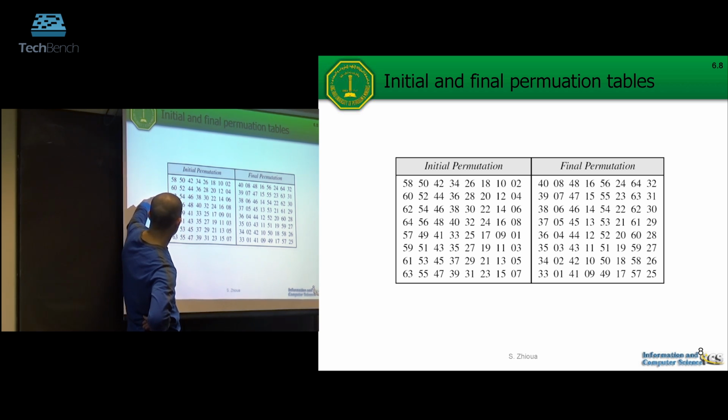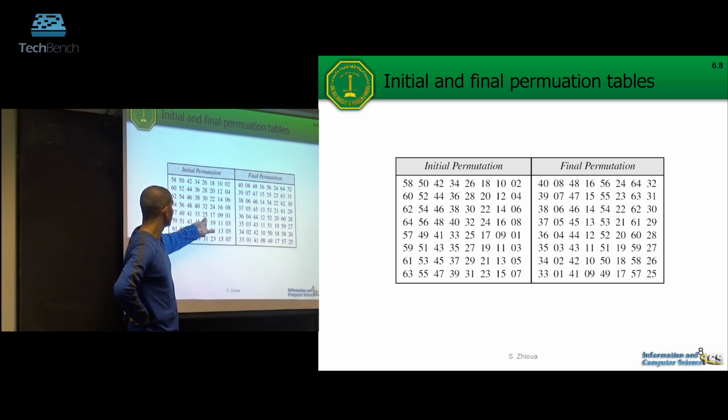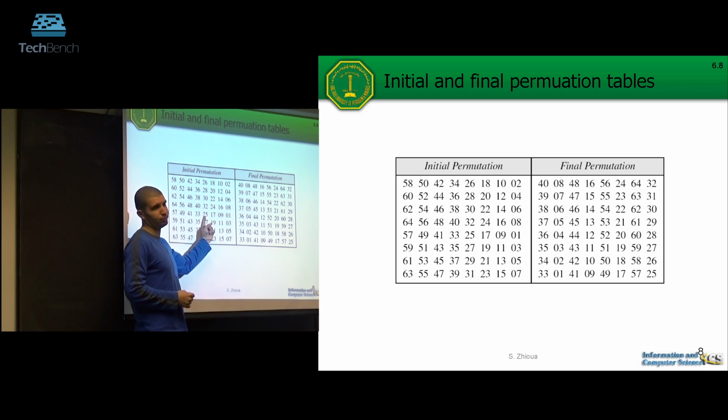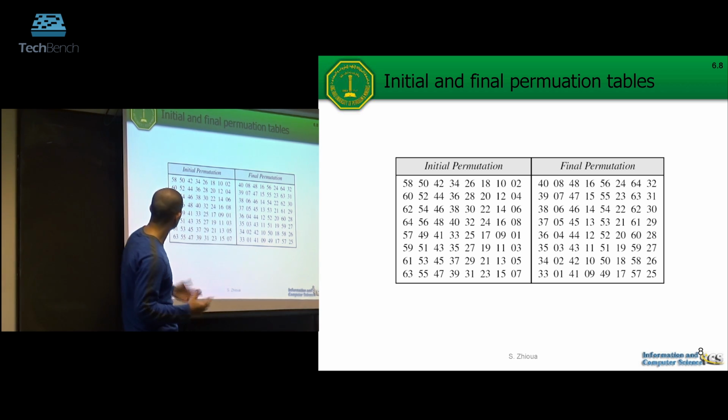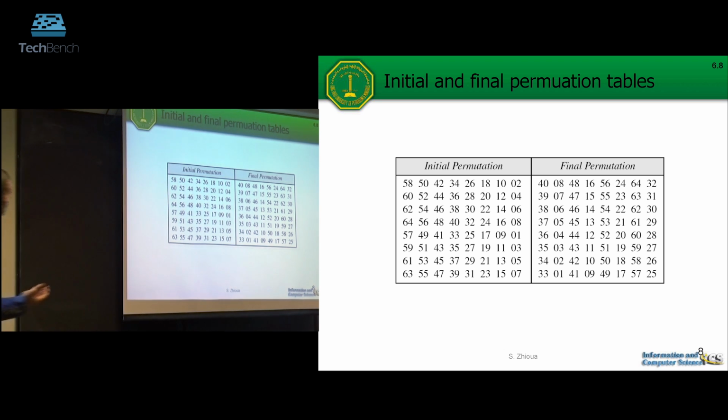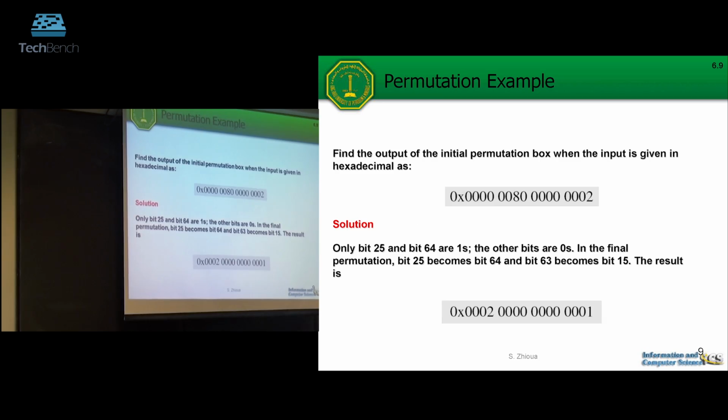Fourth row, first column. Where is 25? It's here. You take bit 25, and in the output it should be in this position, which is position 32, 33, 34, 35, 36, 37. Normally, 37.